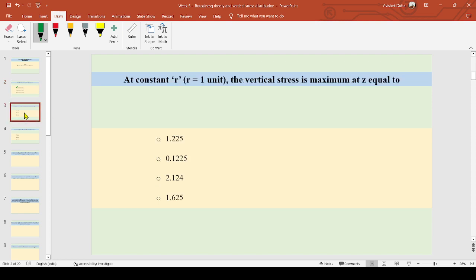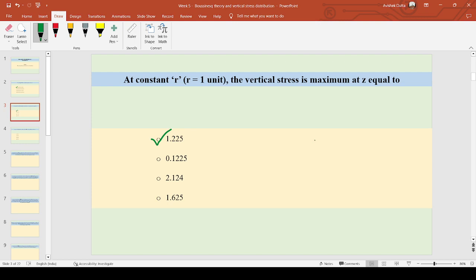Next question. At constant r, that is r equals 1 unit, the vertical stress is maximum at z equals to what? When the radial distance is 1, it has been calculated that there is a particular value till which the graph of vertical stress goes up, and then it comes down, and the maximum value is obtained at a depth of 1.225.